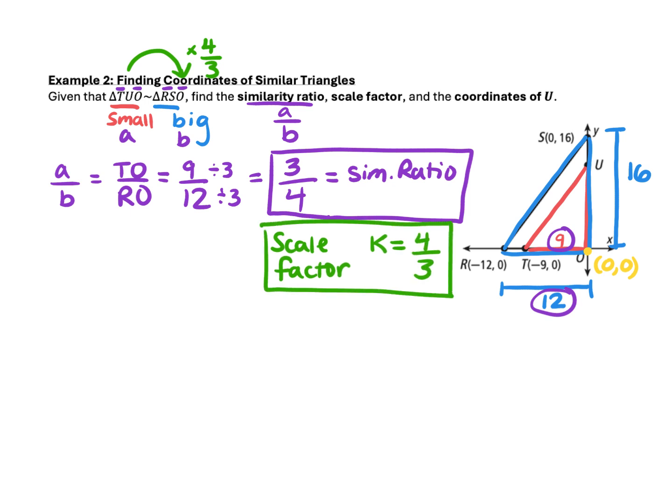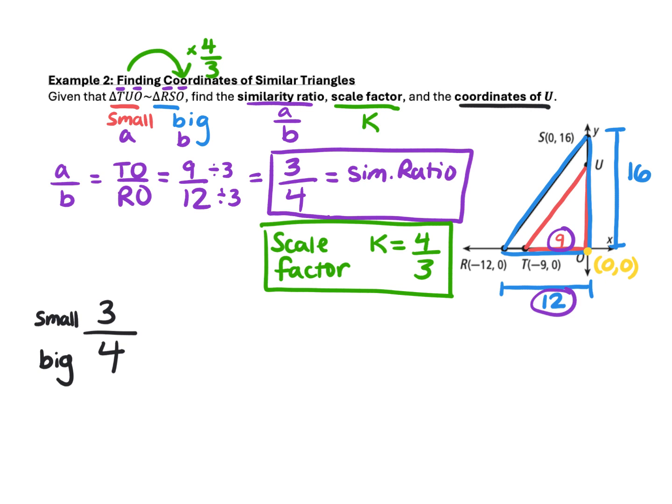And now that we have those figured out, let's find the coordinates of U. There are definitely a lot of different ways that you could do this. You could use the similarity ratios. You could use the proportions. I'm just going to go back to the similarity ratio of 3/4 so that we can use a proportion, which you've gotten really good at this chapter. The 3, remember, was the small triangle, and the 4 was the big triangle.